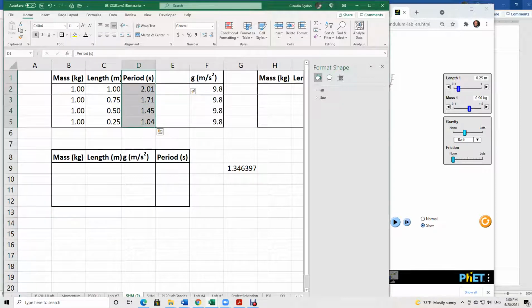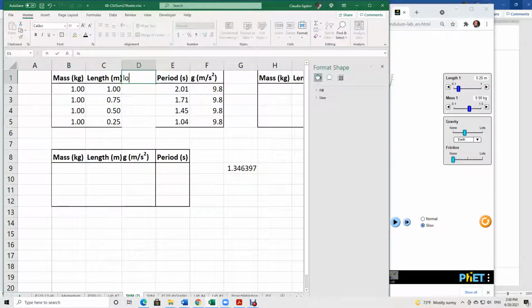I'm in the wrong spot. Actually, I'm gonna do the following. I'm gonna get the log of the length, and take the log of this function right in here.